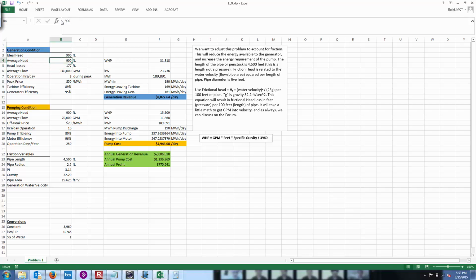So this is the active cell, I believe. It should still be active. Equals dink minus dink. So our new average head is 723.